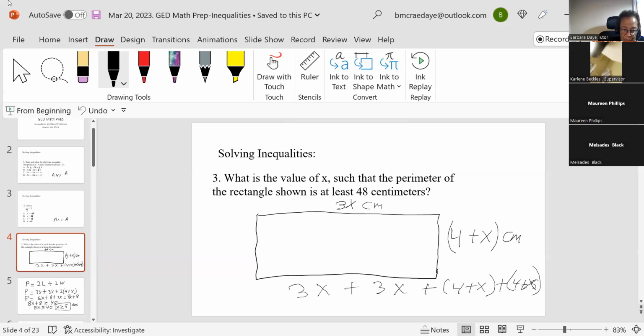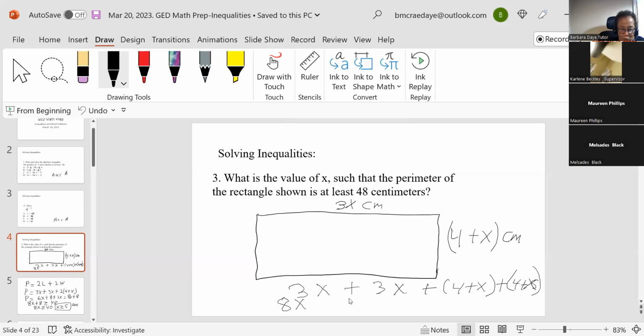Maureen says x is 3. How are you getting 3? You had 8x, right? When you add up all your x's, you got 8x. 3x plus 3x is 6x, plus 1x plus 1x, that's 8x.